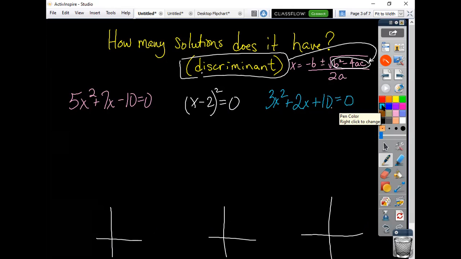So the first one, again, I'm looking at the 5, the 10, the 7. I could do something quickly if I wanted to try to see if I could solve it by factoring. I don't know, it seems like it's possible, but I don't see the answer that's going to jump out at me.